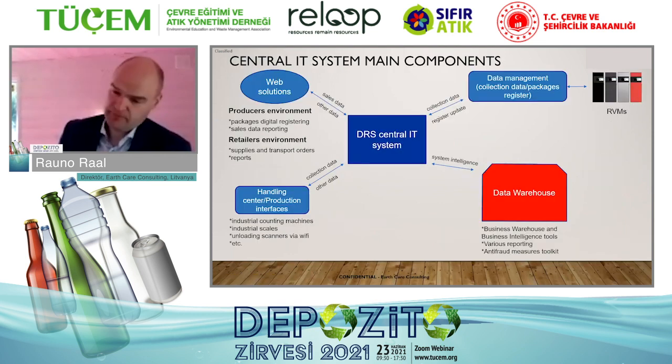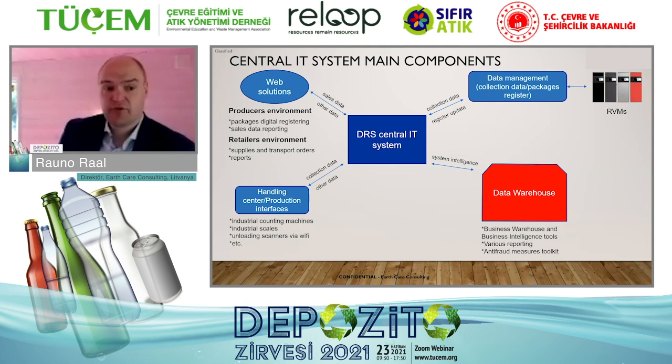So to continue, if we look at the main components of a central IT system, then there are several modules. The central IT system itself, which we will come back to later. Then I already mentioned potential web solutions for producers and for retailers.